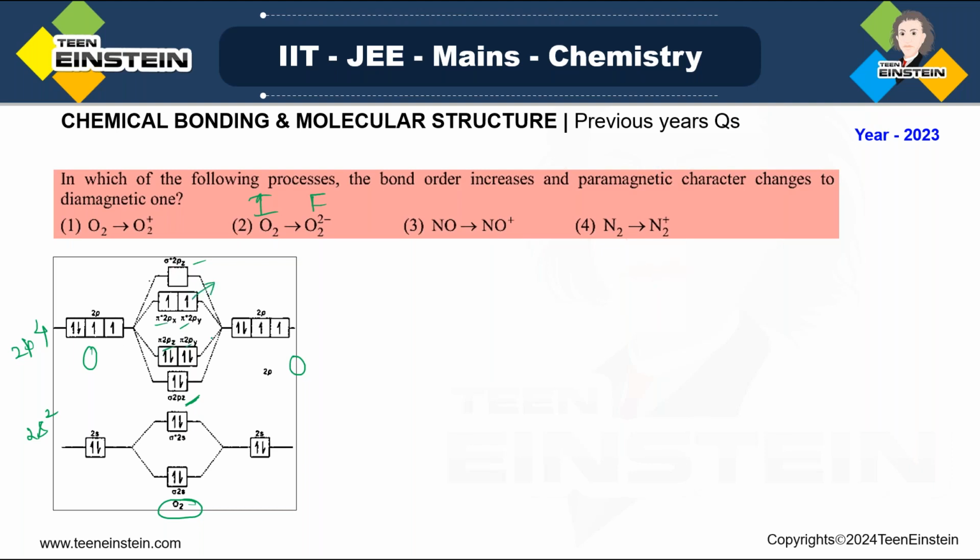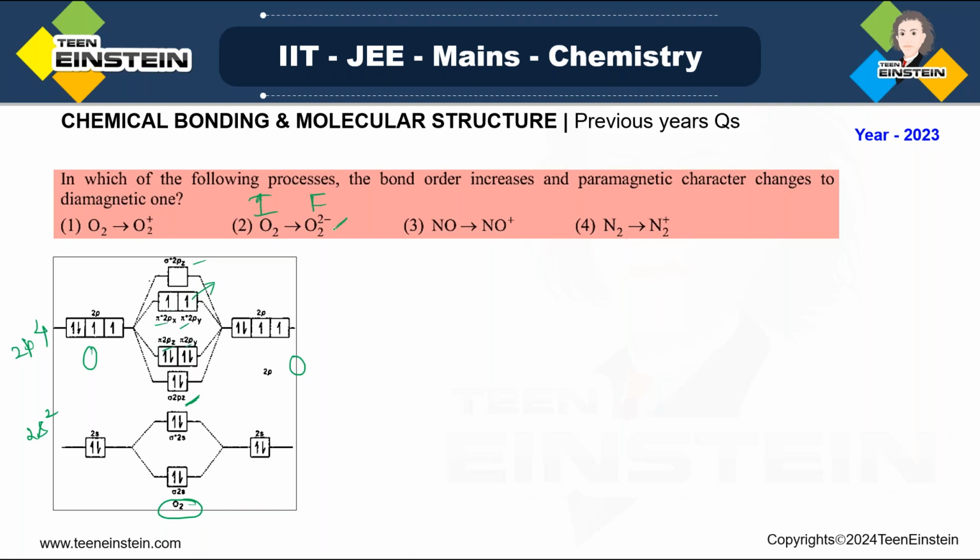Obviously this high energy electron you will remove, but still there is 1 unpaired electron. So it is not changing from para to dia. This much information is enough. You don't have to calculate the bond order. We have to solve the question quickly, because in the exam hall there will always be time management. So it is not changing its paramagnetic character. This cannot be correct.